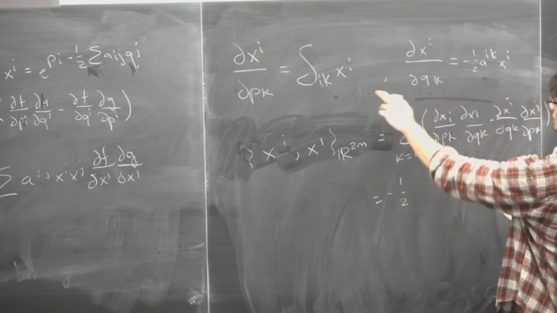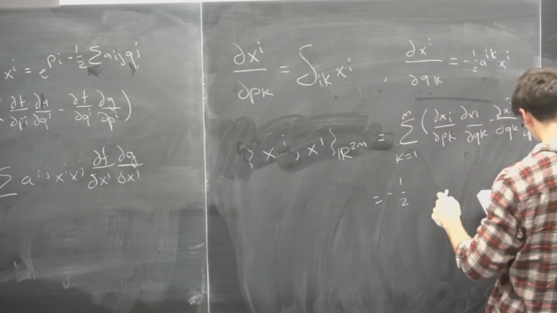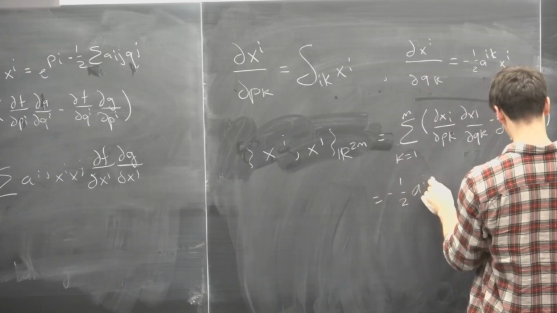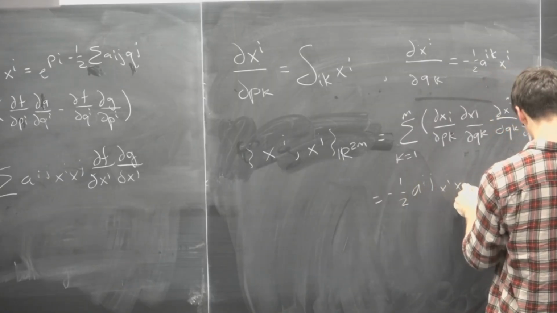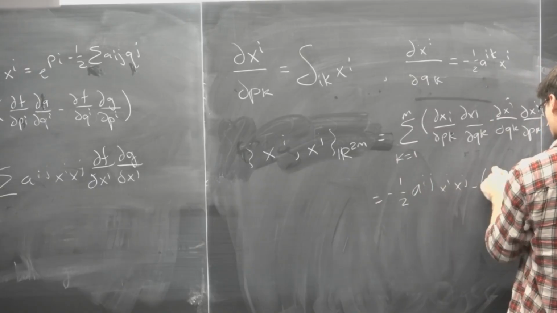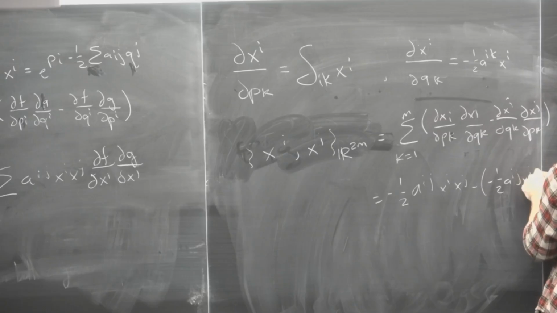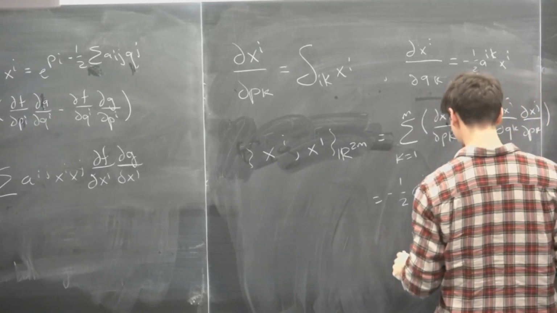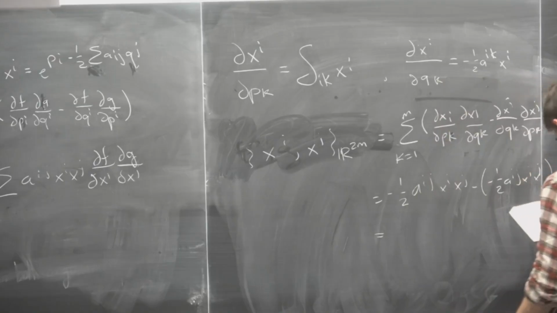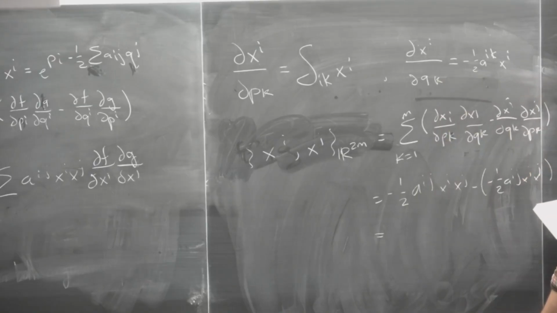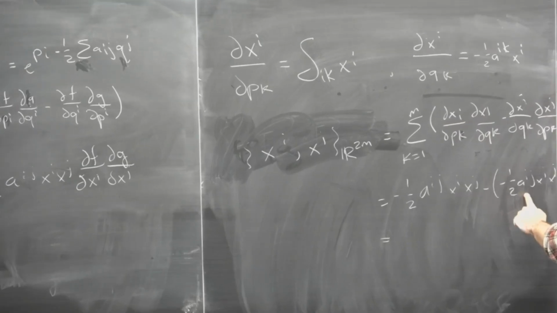the sum over the Dirac deltas ends up collapsing into a_ij, xi_j minus, oh yeah, it's skew-symmetric. So the transpose is equal to the negative.